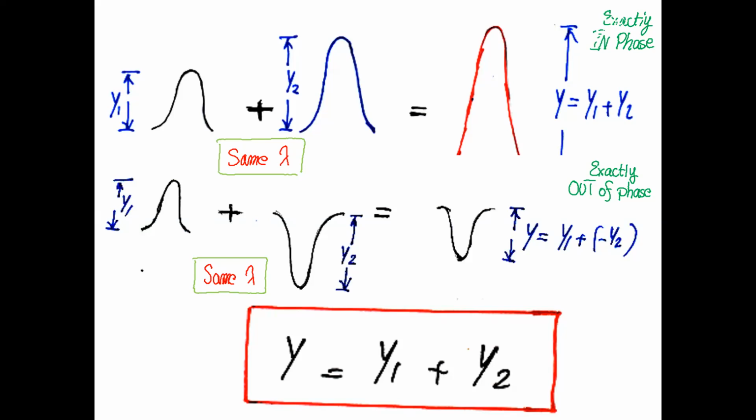So look at this example, and I will ask a question. First, you look at this example. Now my question, why is it necessary that the wavelength of the two waves should be the same?